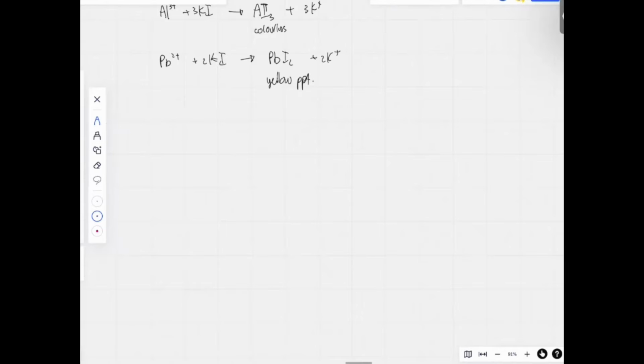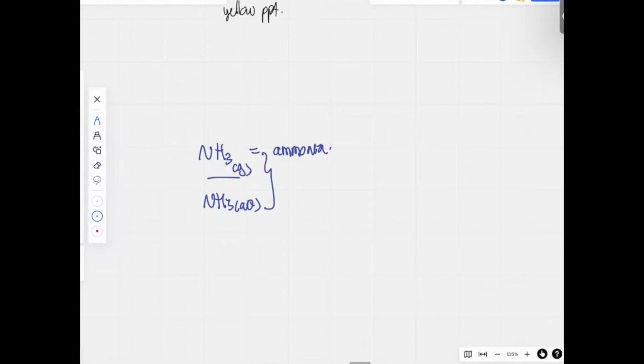Ammonium is slightly acidic. Ammonia has two forms, either ammonia gas or aqueous ammonia. Both of them are ammonia, but this one is a gas and this is aqueous.